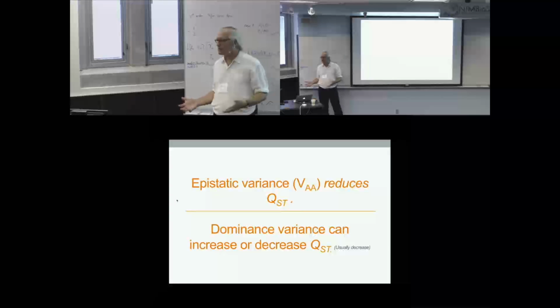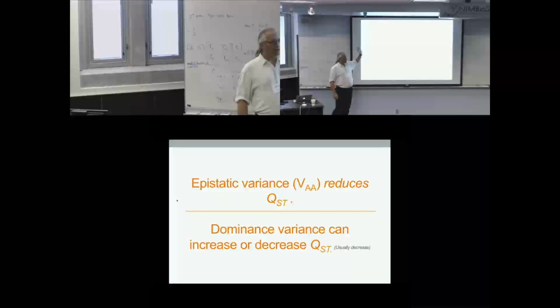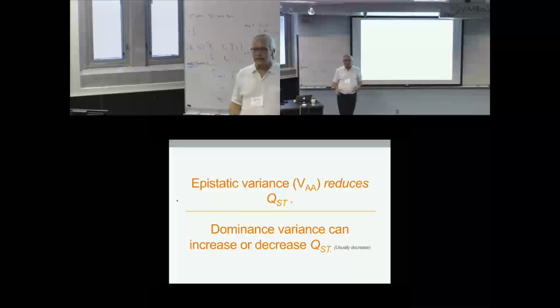Not necessarily by a lot, but in that direction. And this is on average. Nobody's looked at other kinds of epistasis besides additive by additive epistasis. So what would additive by dominance epistasis or dominance by dominance do? The answer is I don't know. My guess is it would be complicated. In some conditions it would go up and some down. But what the preponderance of the effect is, we don't know.